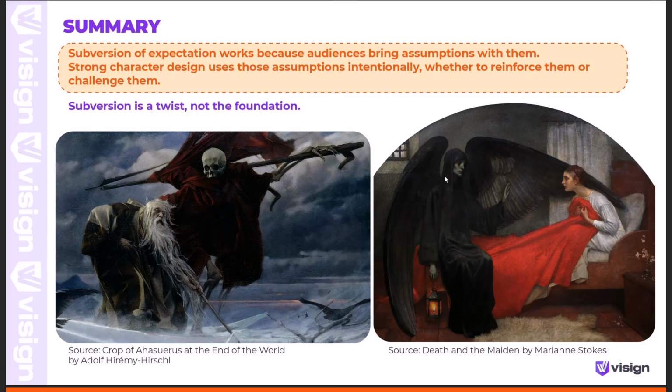And here are two different illustrations that I just wanted to showcase before wrapping it up. We have a crop of Azarias at the End of the World by Adolf Hirémy-Hirschl. This is actually a crop of a much larger illustration, but I just wanted to focus on these two characters right here. Specifically the physical embodiment of death and how he's following this old man who is, in this story, immortal.